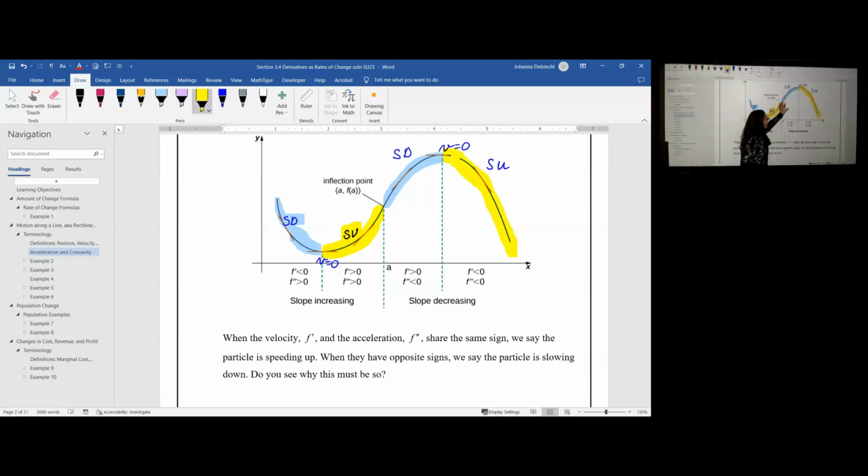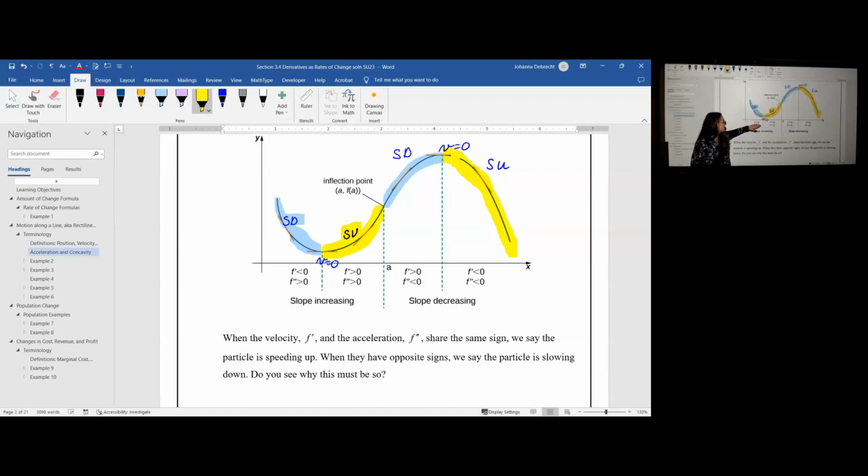Notice that on this half of the graph, to the right of the inflection point, the acceleration, F double prime, is negative, indicating that it's actually decelerating. When we look at these, we can combine the signs of the first and second derivative to predict whether the car is speeding up or slowing down.